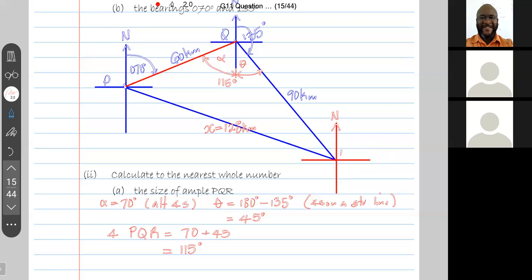All right, so this is R. Now, I want the bearing of P from R. So that angle must start at north, and it's going to come all the way around and stop at the line that connects P and R. I need that angle.